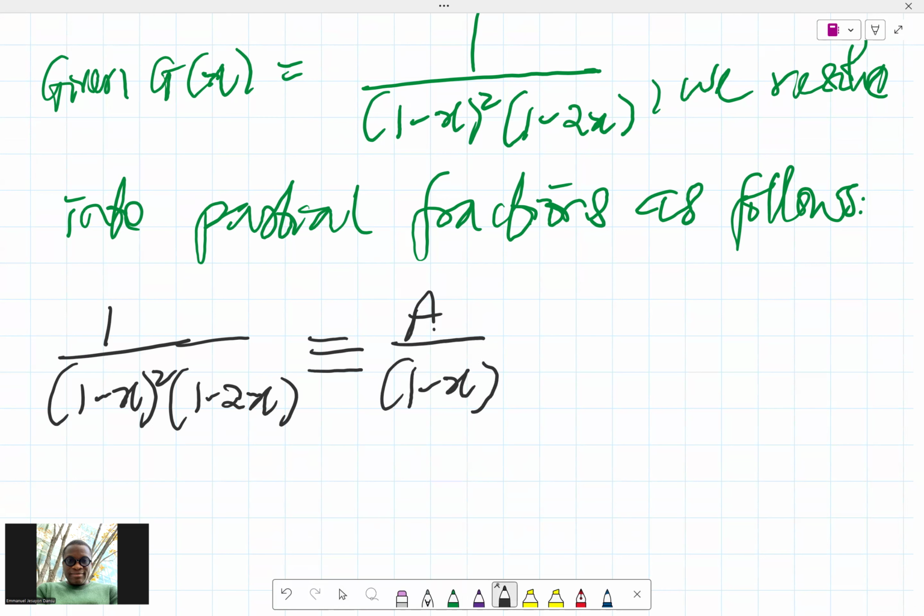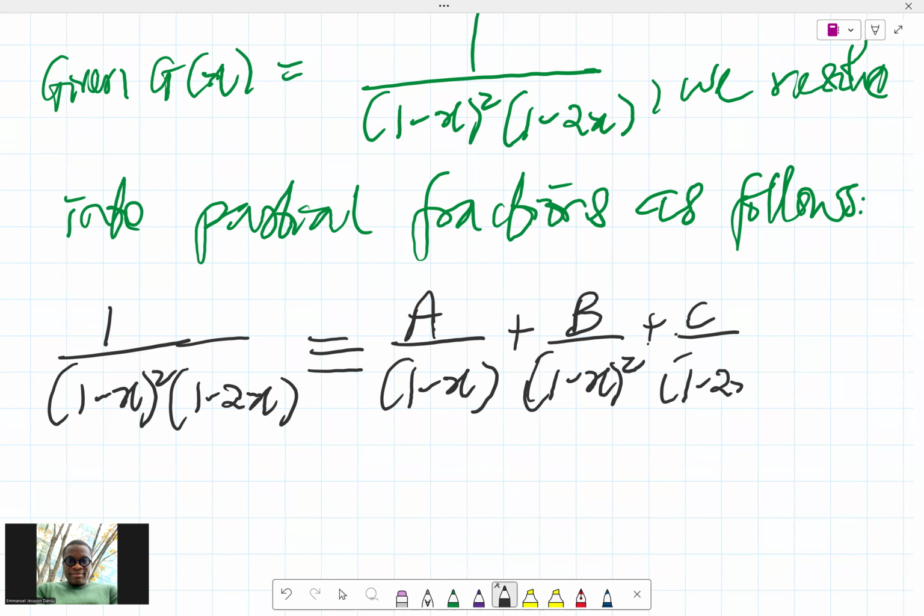Because this is a linear term, we have A over 1 minus x, plus, because it is repeated, B over (1 minus x) squared. If you have up to power 3, we have to keep going like that: A over 1 minus x plus B over (1 minus x) squared plus C over (1 minus x) cubed. Then 1 minus 2x is just a linear term, so we just have C over 1 minus 2x. Once we get this right, every other thing can go.